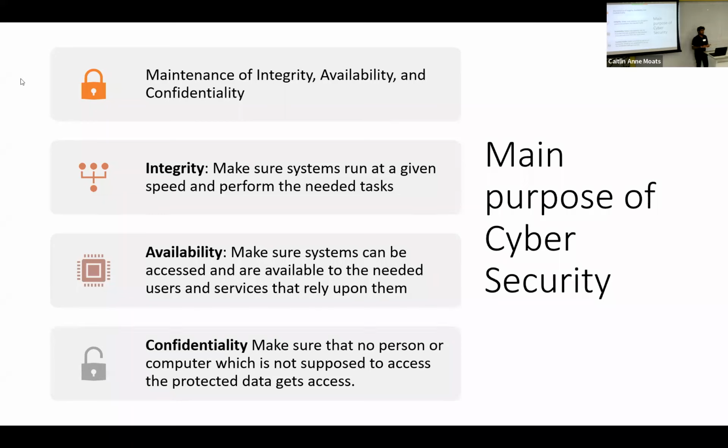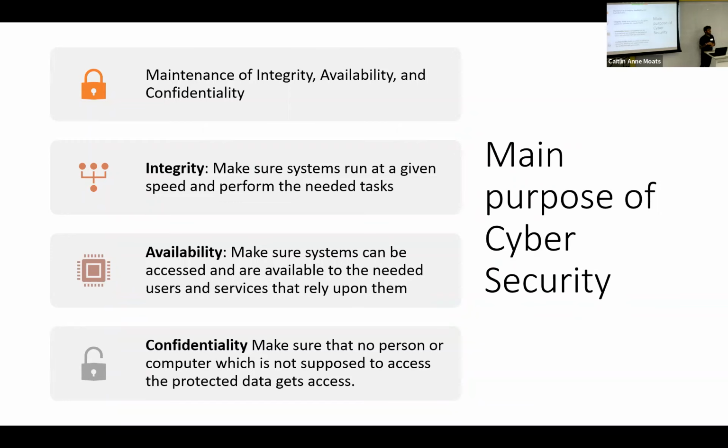A system can be your personal computer, a file server, a phone book, anything that lives in a software sense and also has physical hardware attached to it needs cybersecurity. So to define integrity, it makes sure that systems run at a given speed and perform the needed tasks properly.